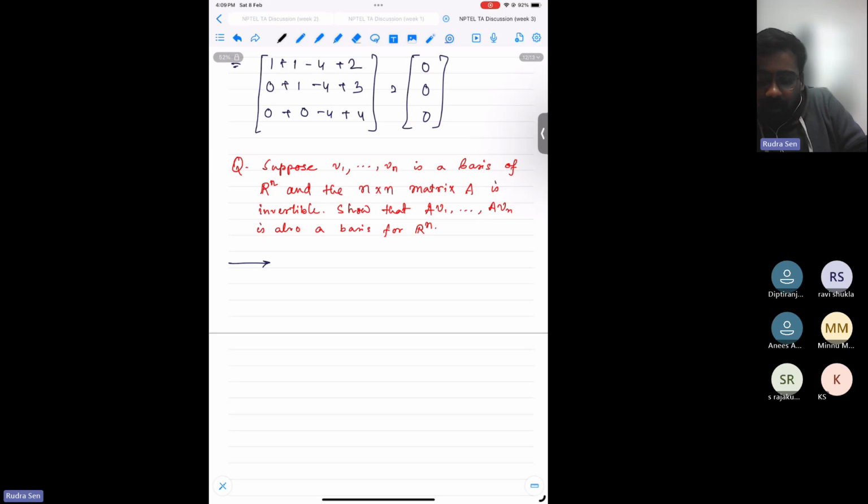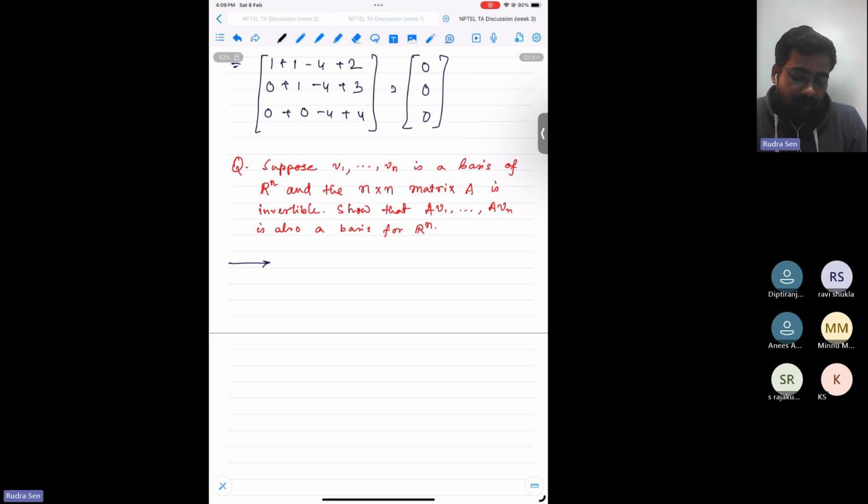So as I said, a basis of a particular space is not unique. You cannot say that this is the unique basis, because there are lots of vectors spreading around that space. But the number of vectors in the basis is unique, so that has to be the same for every basis.